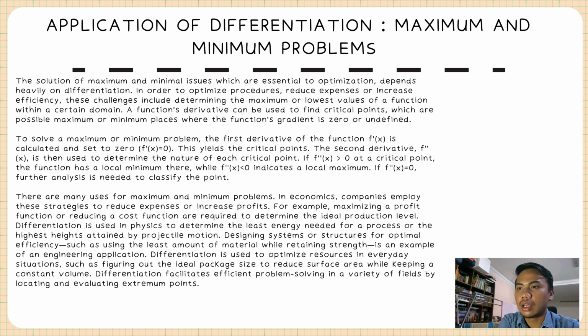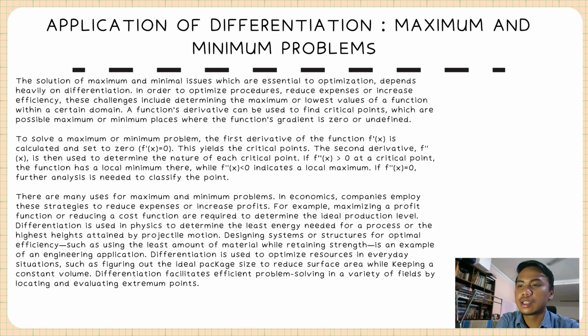Then, optimization with differentiation. The concept is that differentiation is crucial for solving maximum and minimum problems, which are essential in optimization. The goal is to find the maximum or minimum values of a function within a specific range to optimize processes, reduce cost, or increase efficiency.